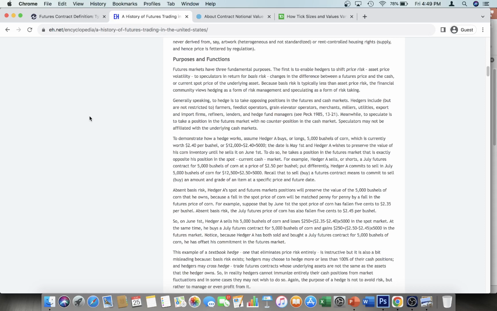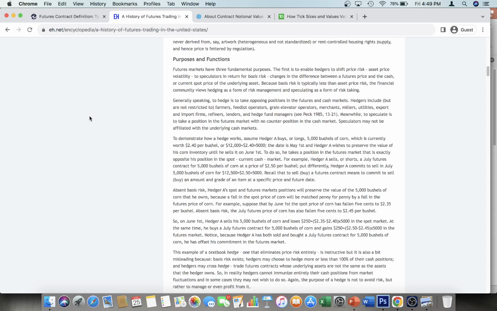So this is really important. I think the history of futures markets started with people looking to find ways to manage risk, whether they wanted to take on risk or take off risk, right? The futures market is a place where you can do that.